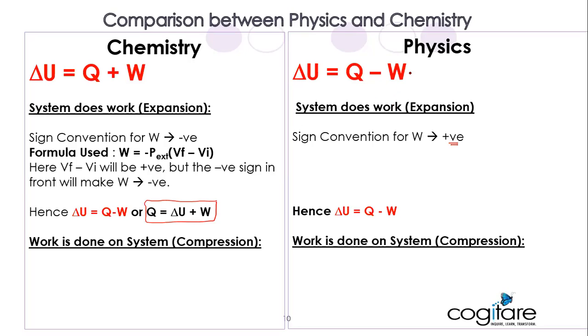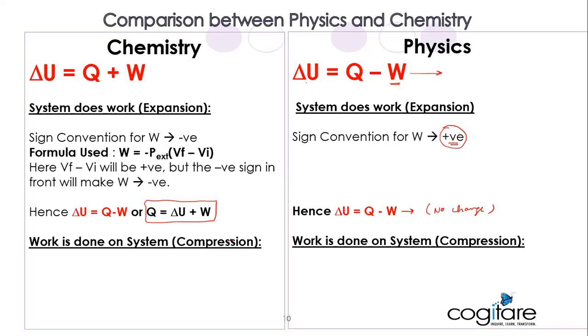So this is the base expression for physics: delta U is equal to Q minus W. For expansion, W is going to be positive. So we will put that W as positive here. That means the final expression will be delta U is equal to Q minus W itself. There is no change.